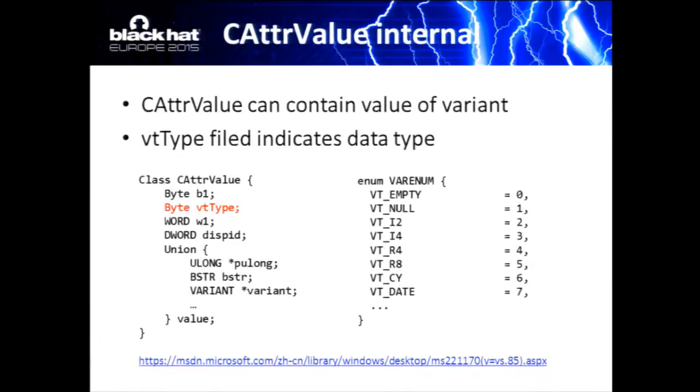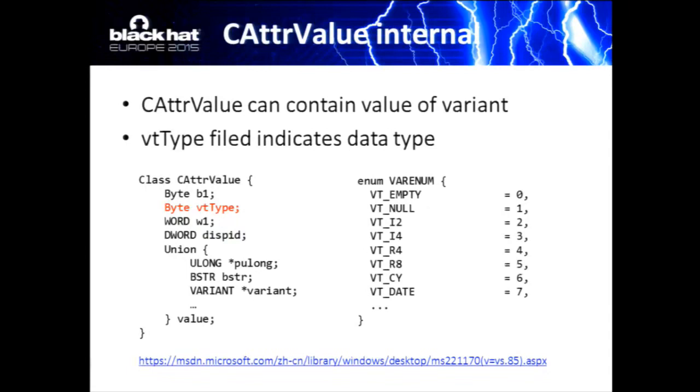We need to go a little deeper into the CAttributeValue and the CAttributeArray for better understanding the exploit process later. CAttributeValue consists of some flag fields and value fields. A CAttributeValue actually is a variant data type, which means it can contain various types of data.